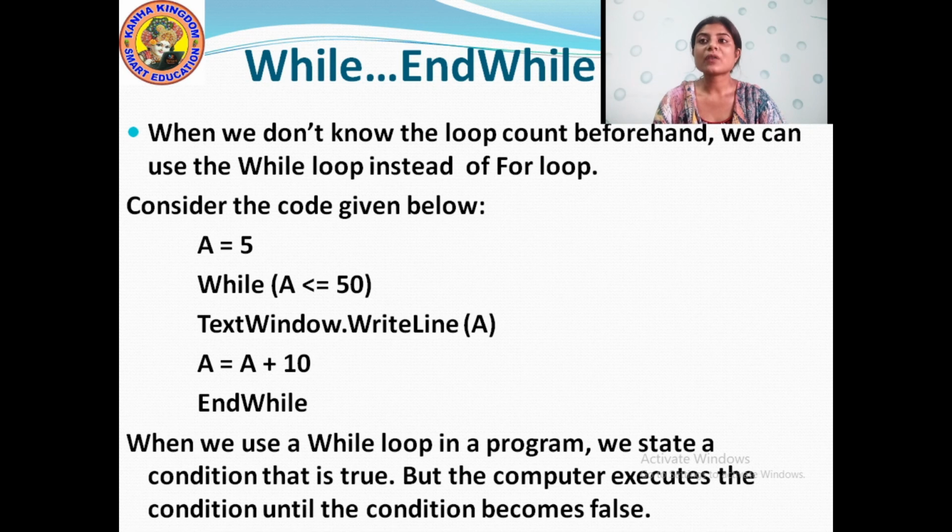TextWindow.WriteLine(A), then A = A + 10, then EndWhile. Until and unless the condition that you have given in this statement is fulfilled, it will keep on repeating itself. When we use a While loop in a program, we state a condition that is true.